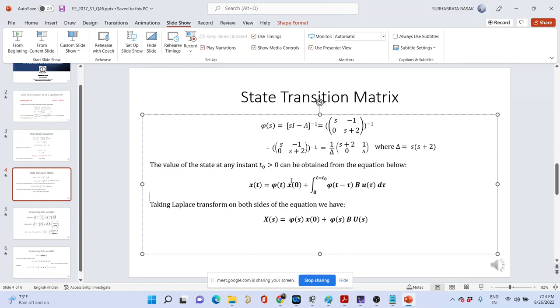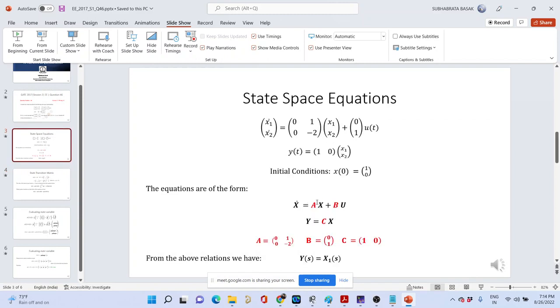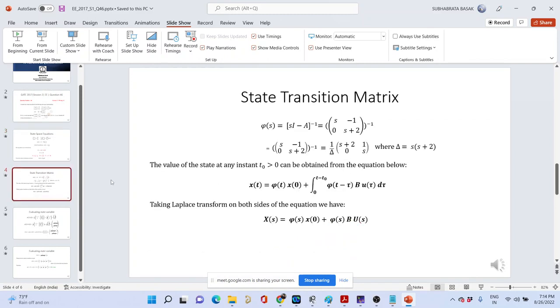In any differential equation, first make the input equal to 0, find the homogeneous solution, and replace e to the power At with phi(t). You will get e to the power At into x0. So this phi(t) is nothing but e to the power At, where A is this A matrix over here. Are you getting my point, Anubhav?